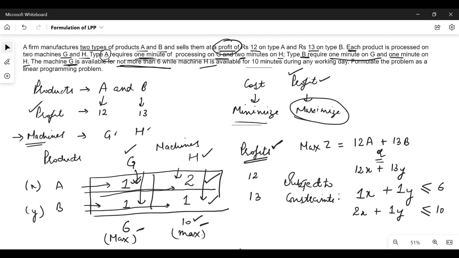So again we can use this machine for 10 minutes maximum. We can use it for less than 10 minutes or equal to 10 minutes. But the condition here is that x and y are greater than or equal to 0, because the non-negativity concept is there. They can't be negative. So this is non-negativity. Clear? This way we are able to formulate the linear programming problem.